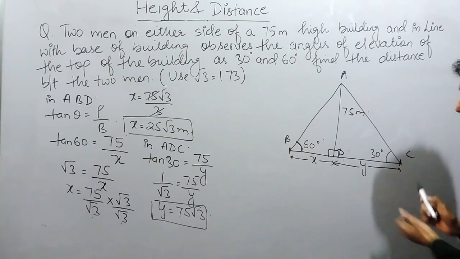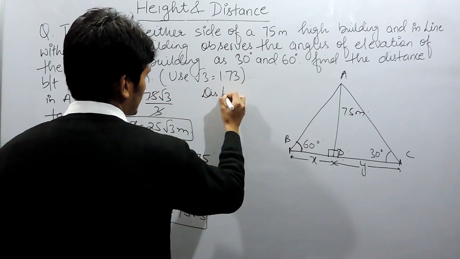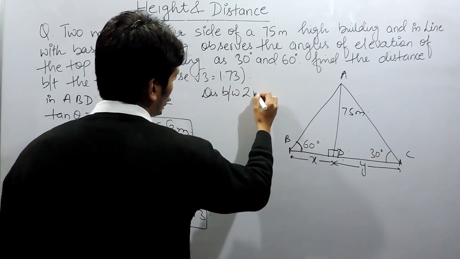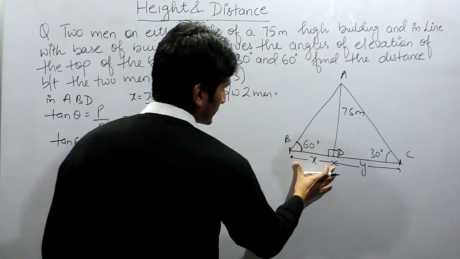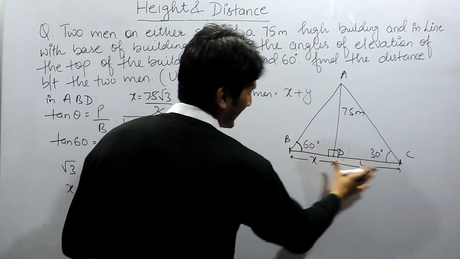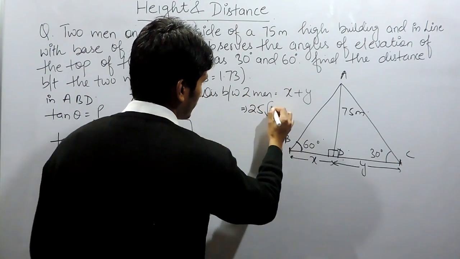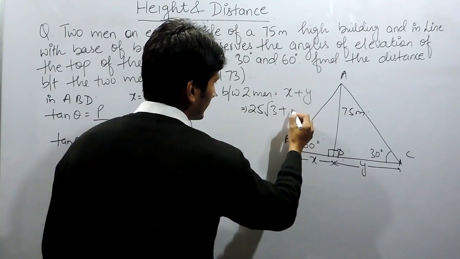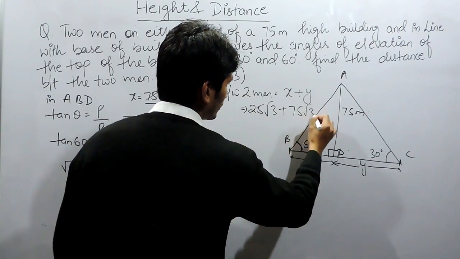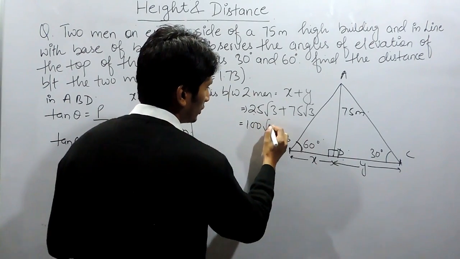So the complete distance between the two men must be equal to the distance between this point and this point. The value of x is 25 root 3 and the value of y is 75 root 3, so 25 root 3 and 75 root 3 equal 100 root 3.